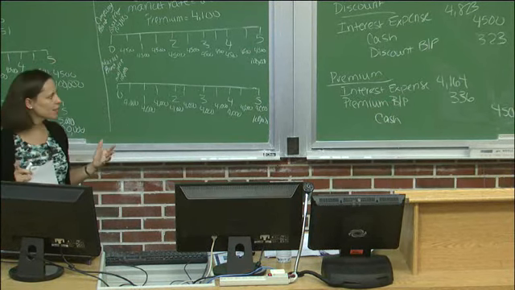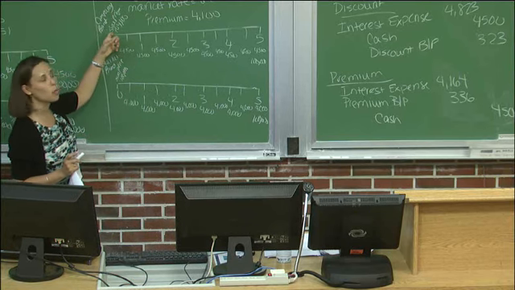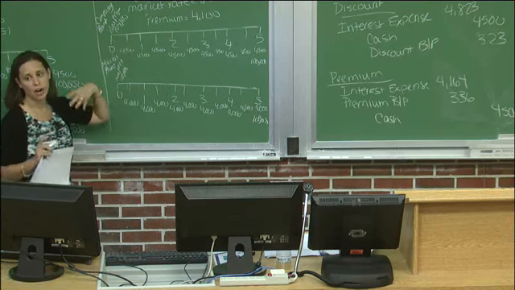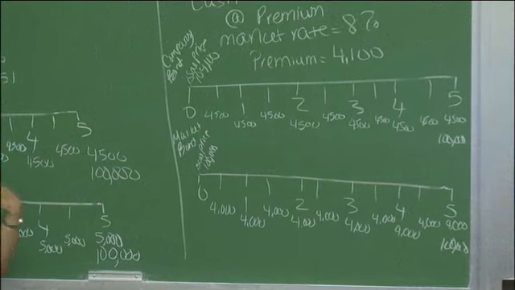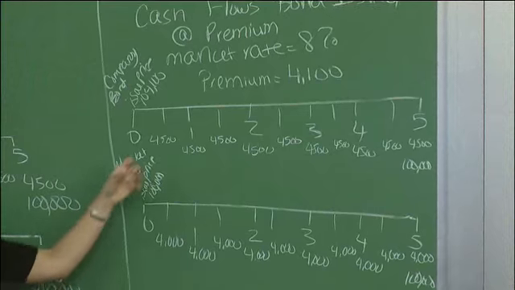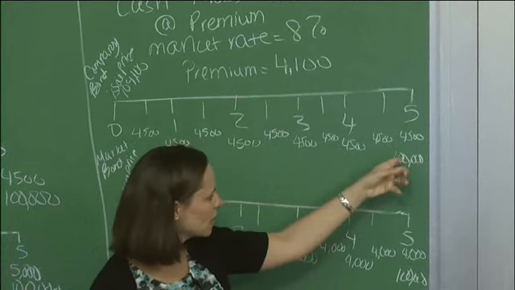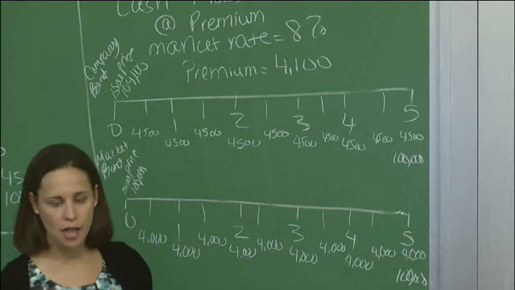Well, again, it's higher than $4,000 because the carrying value at time zero is $104,100. Our outstanding liability, the amount that we owe, is more. We owe more because we owe $500 more on each of these interest payment dates and then the same $100,000 maturity value.